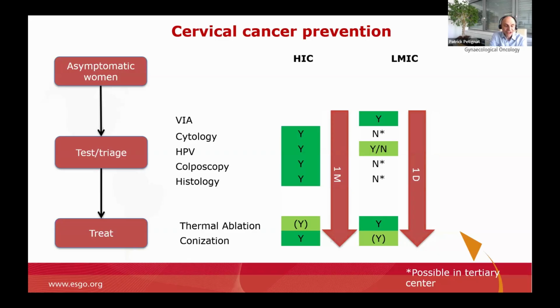You don't have it in district hospitals and rural areas. In high-income countries, from the screening test until the treatment, it takes approximately 1 month or 1 month and 2 weeks. But in low-income countries, you have to do this in 1 day, maybe 2 days. Ideally, it's a screen and treat approach. This is what the WHO recommends.